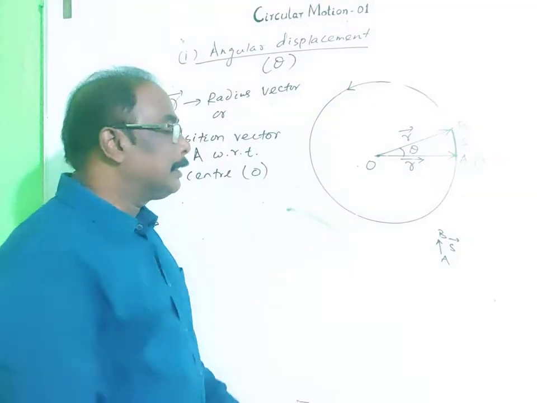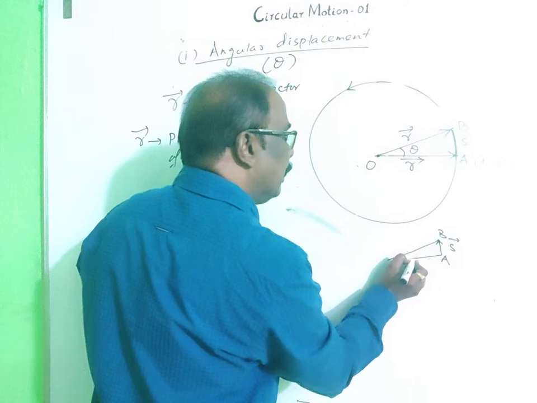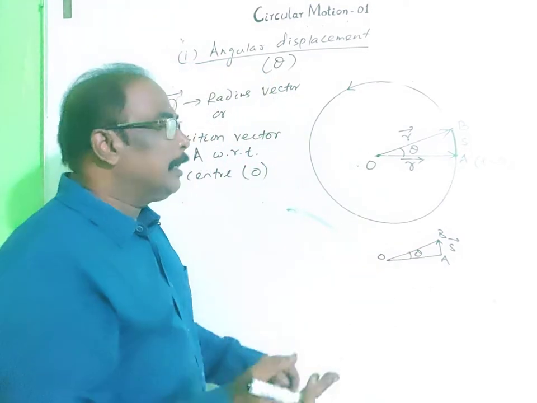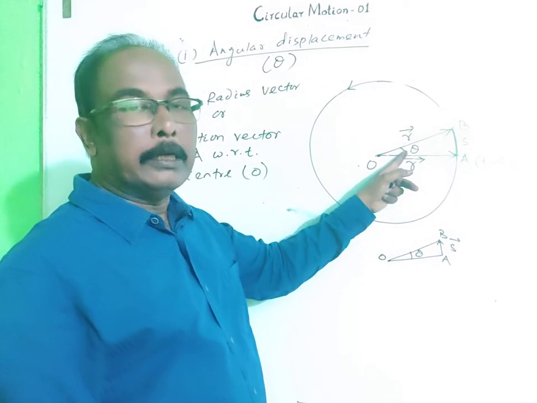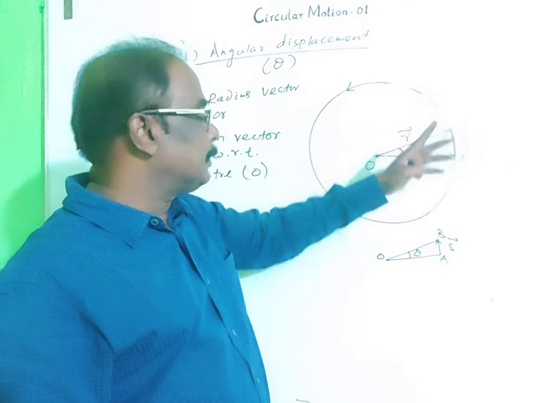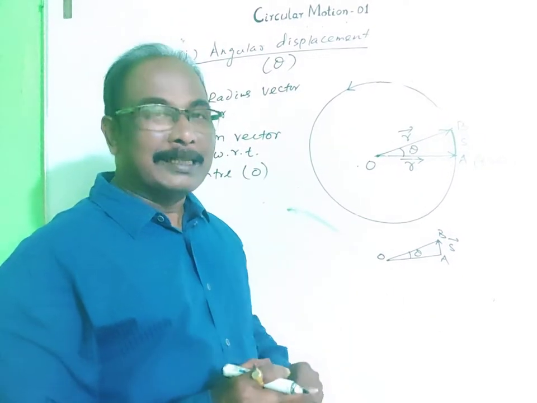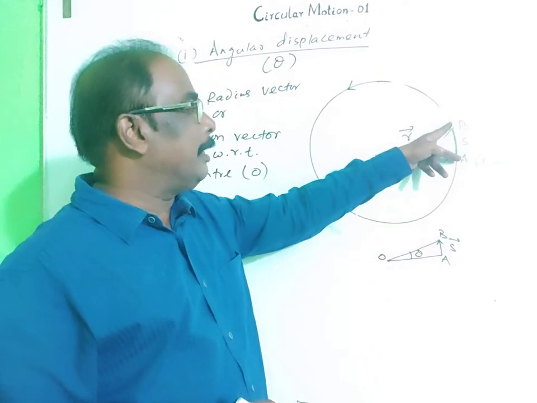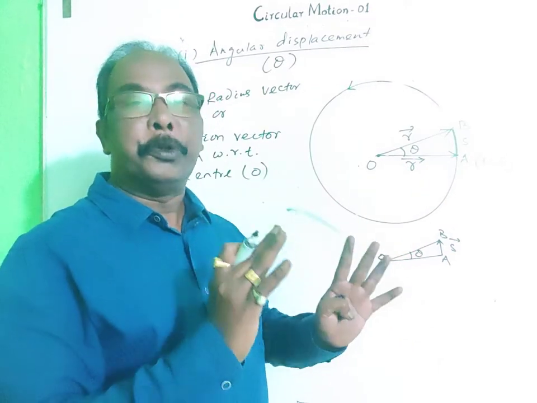If you consider like this, then angle about the center theta will be very small. If AB is treated as a straight line, then angle about the center subtended by position vector is very small. Means if distance AB is very small, then theta tends to 0.